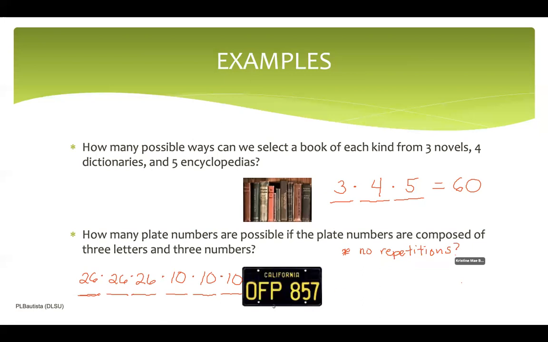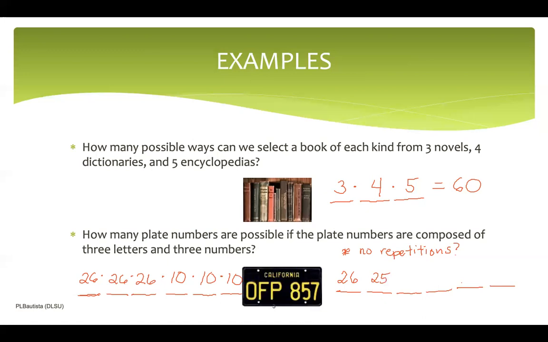Again, we draw blanks, 3 for the letters and 3 for the numbers. For the first letter, you can choose any letter that you want, so any of the 26 letters in the alphabet. For the second letter, you can choose any letter as long as it is not the same as the first letter. That means you only have 25 letters to choose from.